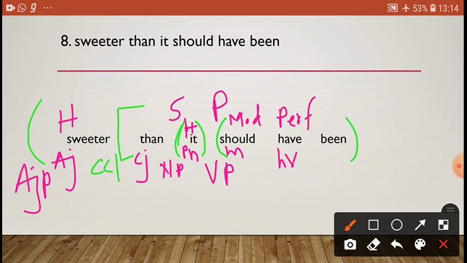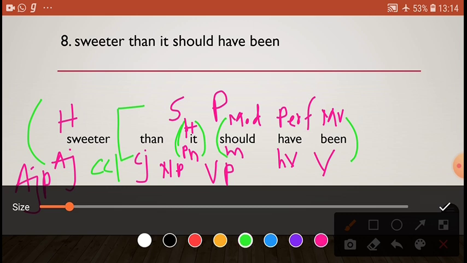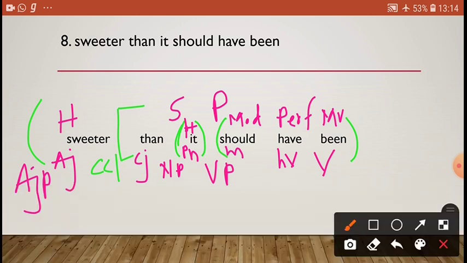Been here is the main verb, so mention MV, and here you will have to write capital V. Now close the clause here, and then close the phrase. So this is the analysis of this phrase, sweeter than it should have been.